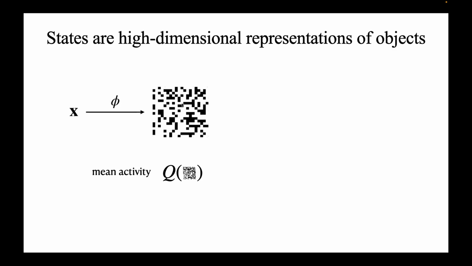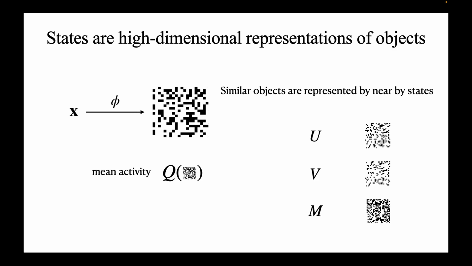What we need is an abstract property of this field, which is the mean activity in this field. This is really only the mean activity. The mean activity is always called Q, and this is the field. The only thing I require from this representation is that it is in some sense continuous.